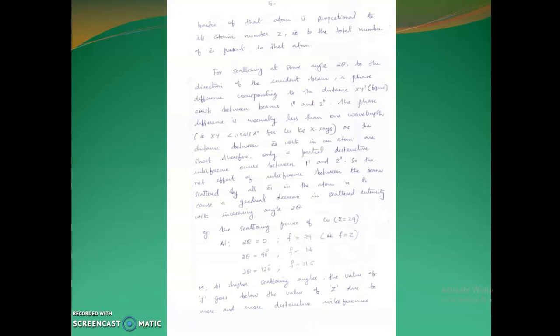When the incident and scattered X-rays are out of phase, there is possibility for destructive interference, and as the angle of scattering increases, the extent of destructive interference between the incident and scattered rays increases. So there will be decrease in intensity of scattered radiation, and the scattering factor F value goes below the atomic number Z.